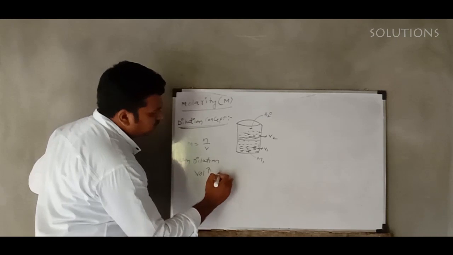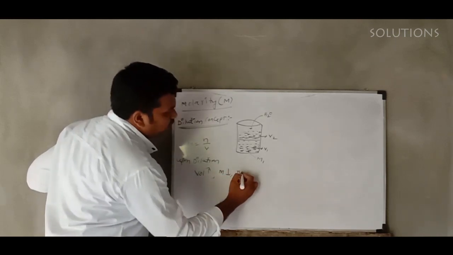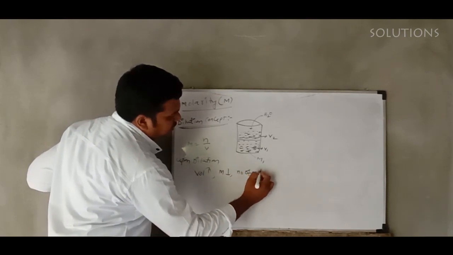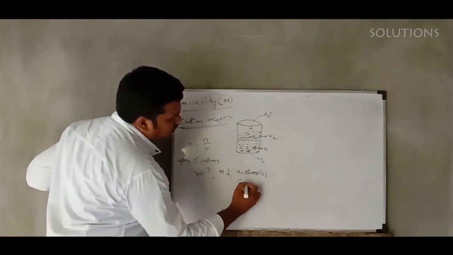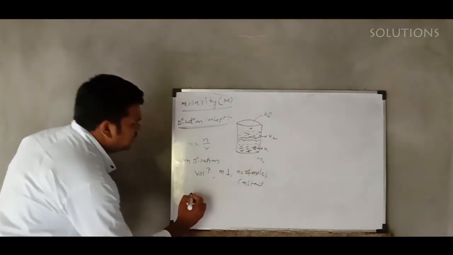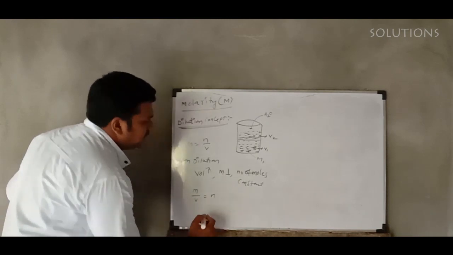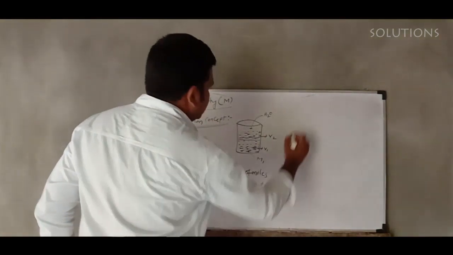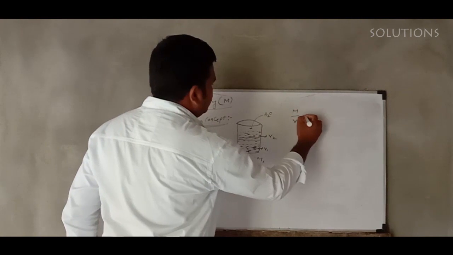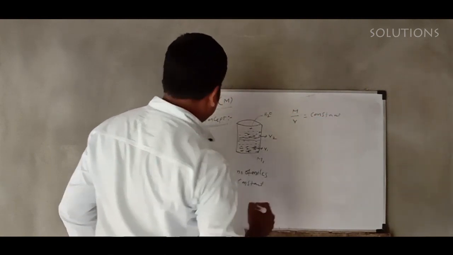If the volume increases, molarity decreases. The number of moles is constant. So from this you can write M times V is equal to N, that is, M times V is constant.